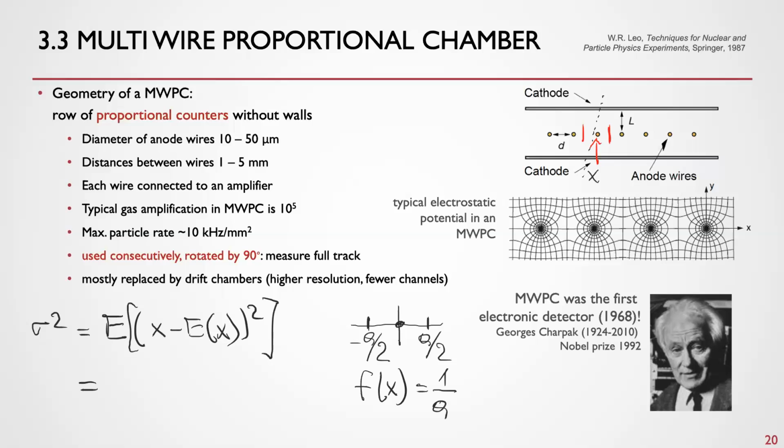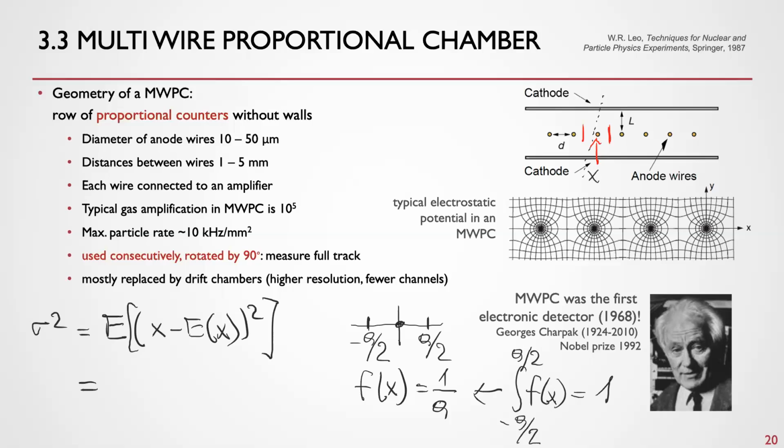That 1 over a is just a criterion that the total probability from minus a half to plus a half integrates to 1. dx, I forgot the differential, but that doesn't matter.